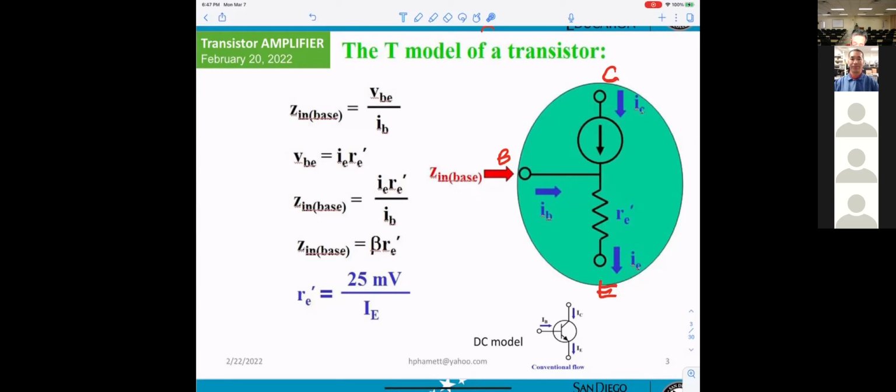Now, what does that mean, Z in base? What is it?